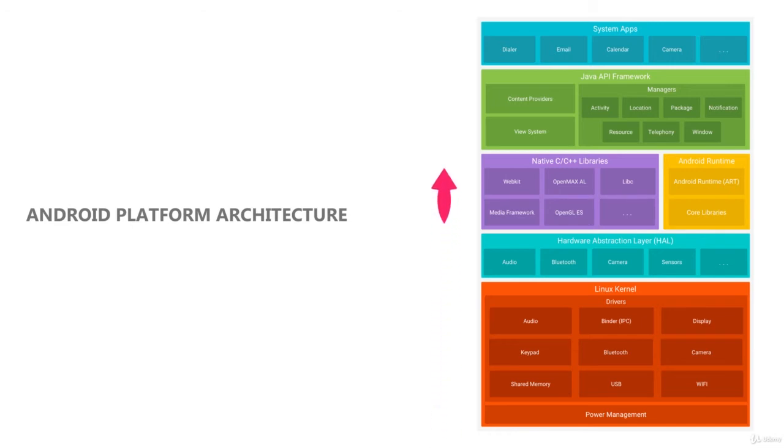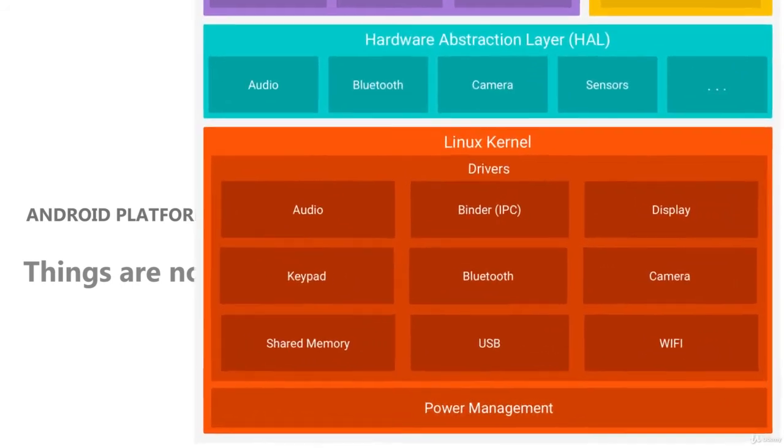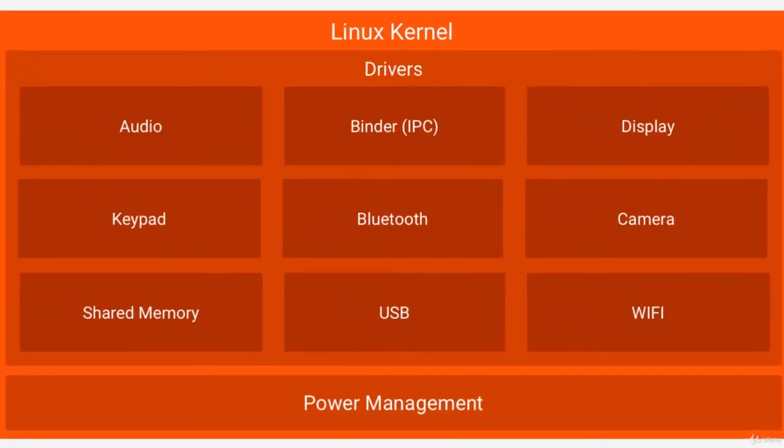As we go up, things get lesser and lesser closer to the middle, meaning things are not as native as they are. So as you look at the bottom here, we have what we call the Linux kernel, which has all of the drivers that run Android. So this is the deep down of the operating system of the Android phone or a device that runs the Android operating system.